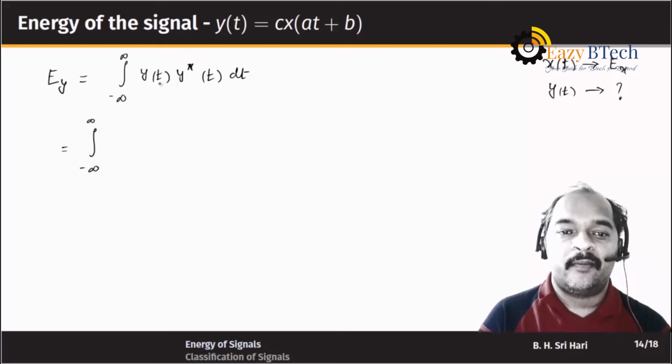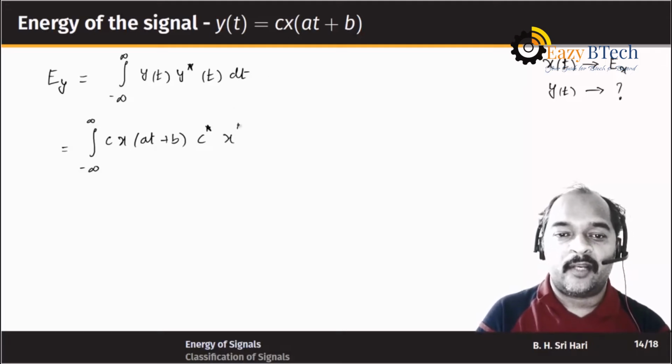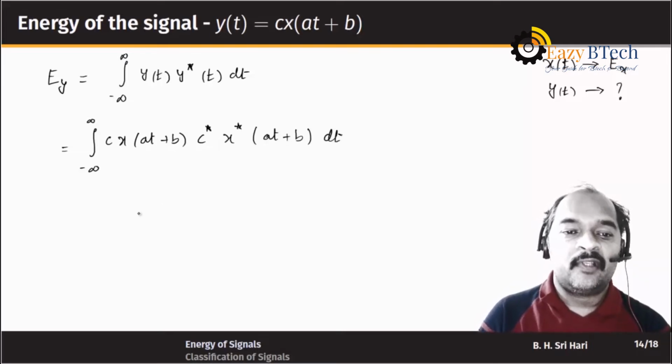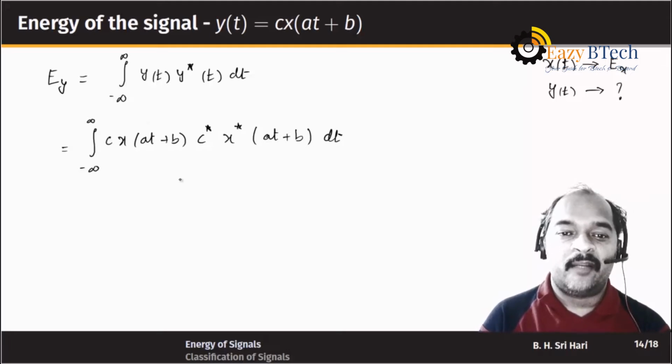We get the integral from minus infinity to infinity of c times x of at plus b multiplied with y star. So c can be complex, and hence we should take c star, and the signal x also can be complex, and hence we should take x star of at plus b dt. So everything is multiplication here, and then c times c star would be modulus of c whole square.